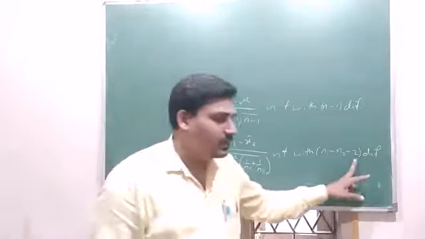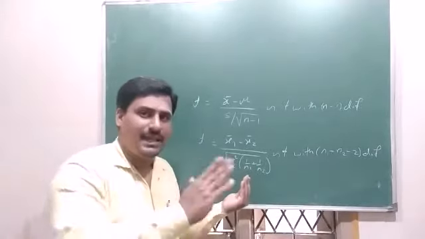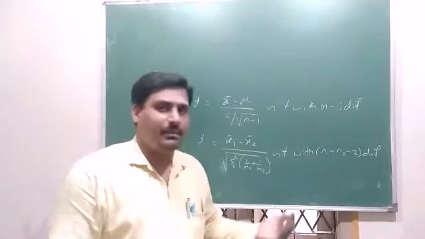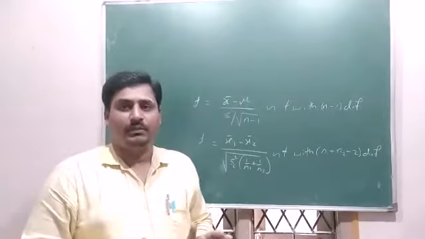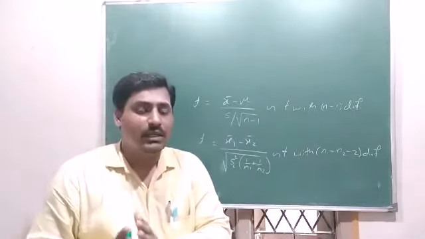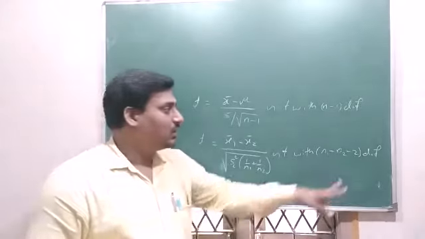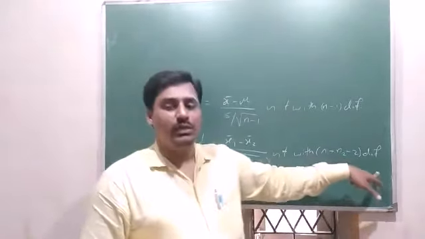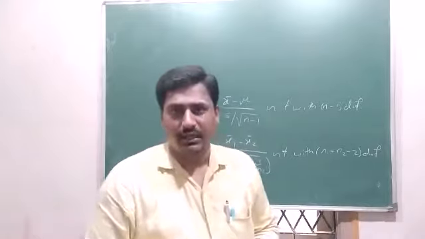So why 2 here? For first sample n minus 1, and for second sample again n minus 1 degrees of freedom. So n1 minus 1 plus n2 minus 1. So n1 plus n2 minus 2 degrees of freedom is taken here.